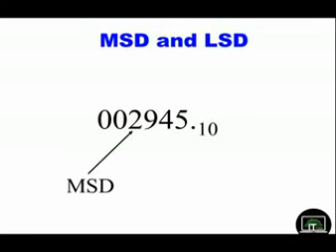LSD means just the left side of the decimal point. In this case, the LSD will be 5. You can see that MSD theoretically can't be 0, but LSD can be 0 or any other value. MSD is the one far away on the left side of the decimal point. LSD is just next to the left side of the decimal point.